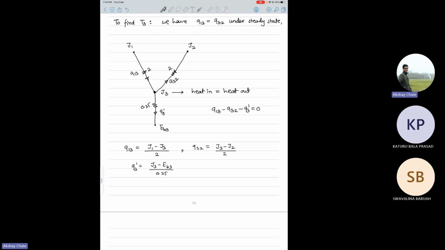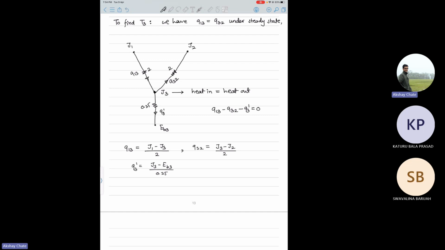One second, actually I am getting confused here because, how should I say this? Okay, let's say if you assume these directions and equate it to 0, that will make J3 as 0, correct?